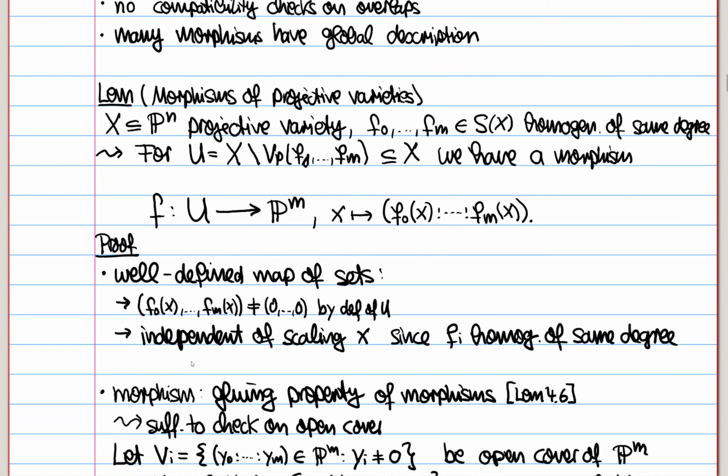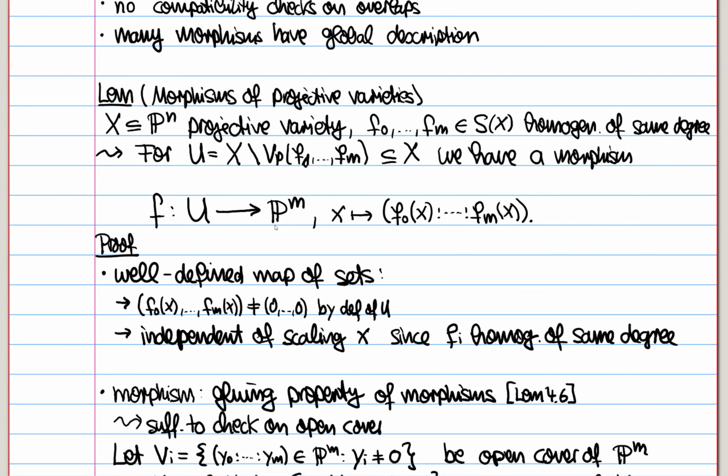And then the independence of scaling X just follows since all the Fi are homogeneous of the same degree. So if you take a different representative, say lambda X instead of X, you get out a global factor lambda to the degree of these functions, and this is killed by the scaling on Pm. So we do get a well-defined map of sets.